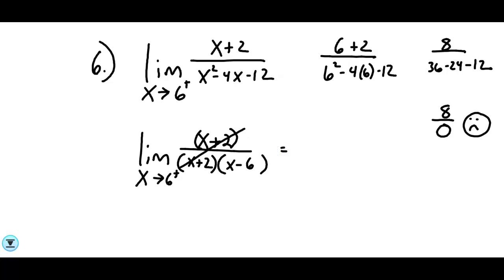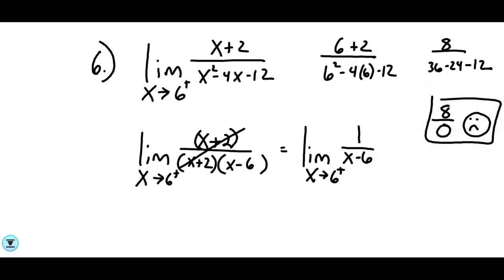And that's going to leave me with this limit instead. Notice I had to do the factoring and canceling approach if I was going to try anything, because this is not a L'Hopital situation. Okay?